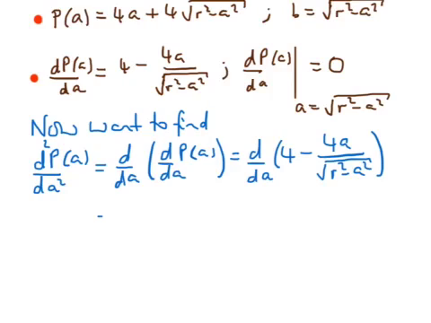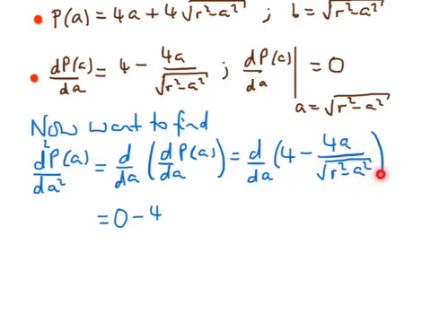So what we're going to get when we calculate this derivative here, from the first term we're going to get 0. From the second term, using the product rule, we're going to have minus 4. That is our constant here. The derivative of a with respect to a is 1, so we just get minus 4.